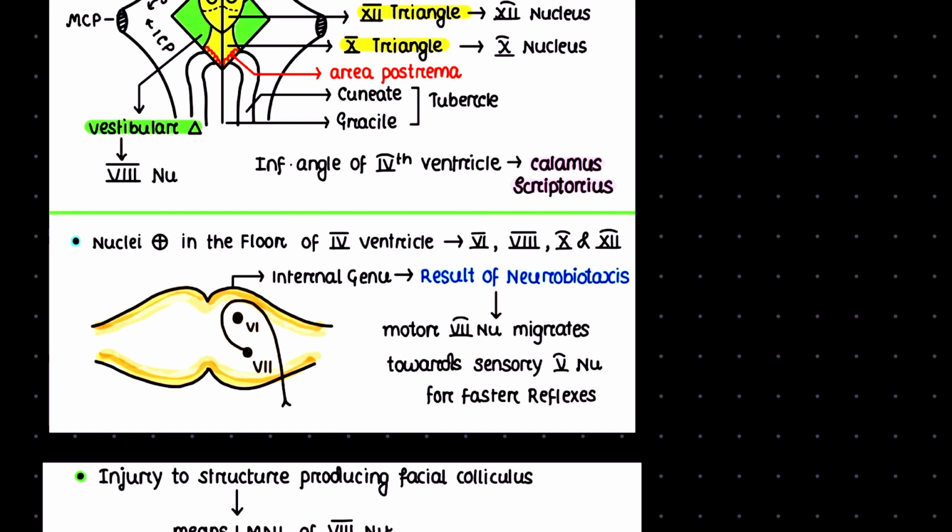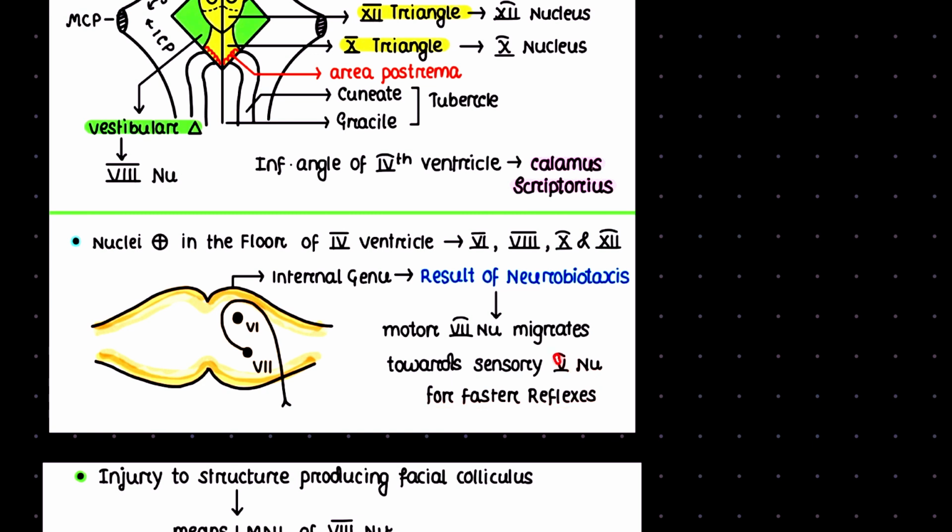This process is called neurobiotaxis. Now what is neurobiotaxis? Similarly, the motor seventh nucleus migrates toward the sensory nucleus for faster reflexes.